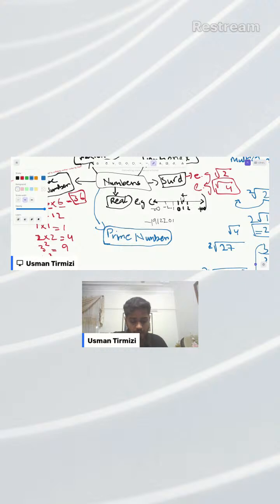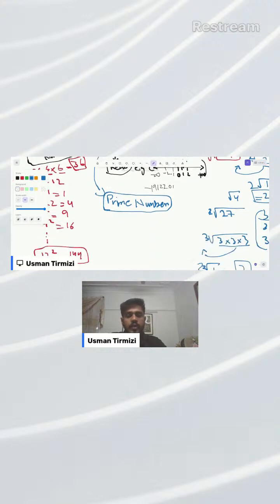A prime number is any number which comes in its own table only. It's not about being an even number or an odd number.